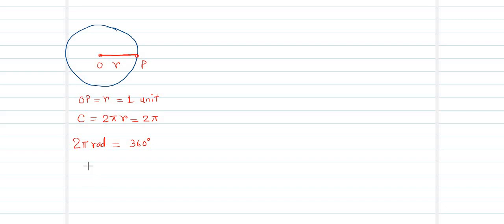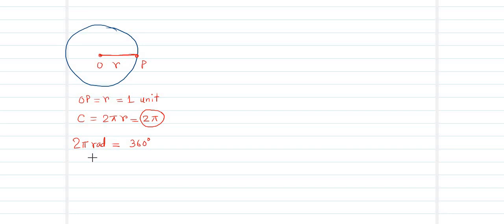Why is this happening? Because the circumference of the circle whose radius is 1 unit is equal to 2 pi. That means one complete revolution. If we start from the point P and move in this way and end at the point P again, then this is the circumference of this circle, and that is same as a complete revolution, that is 360 degree.